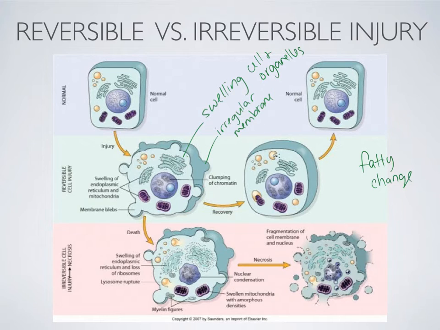So what we saw in some of those liver cells on the non-necrosis side of liver toxicity, with those big vacuoles full of lipids, that's fatty change. Those cells are not yet destined to die. They could still go back if the acute injury is removed in time. So fatty change is a sign of reversible cell injury.